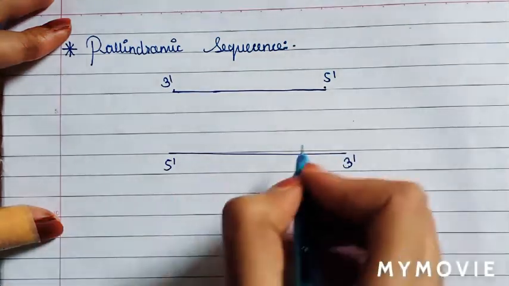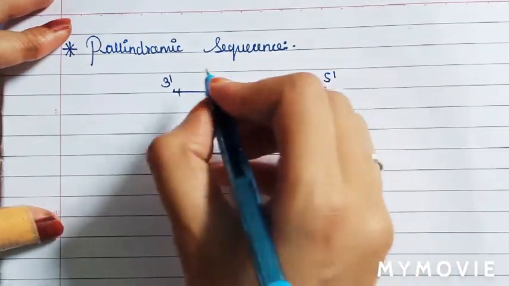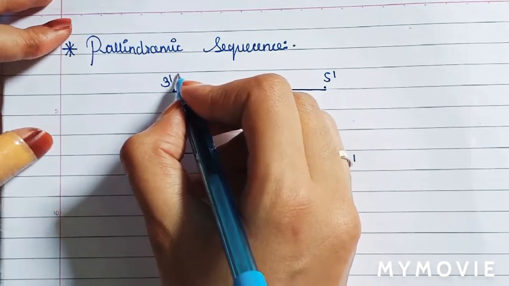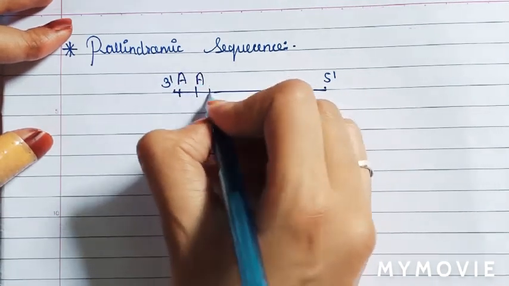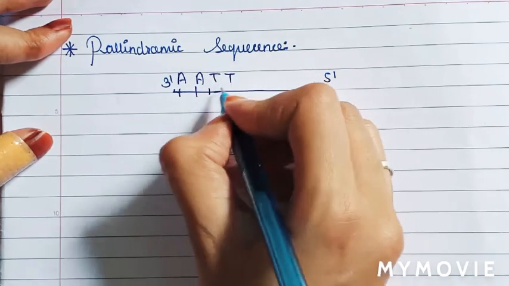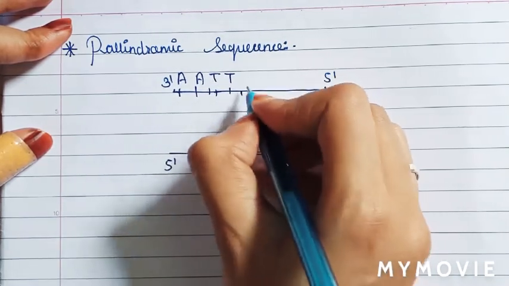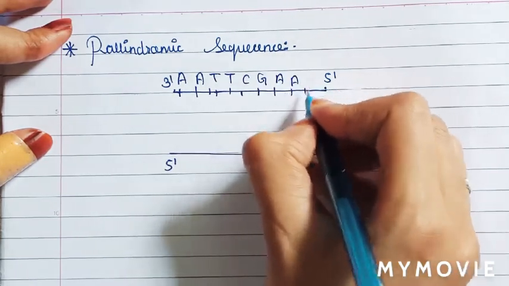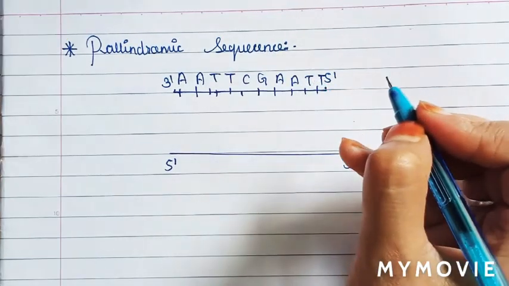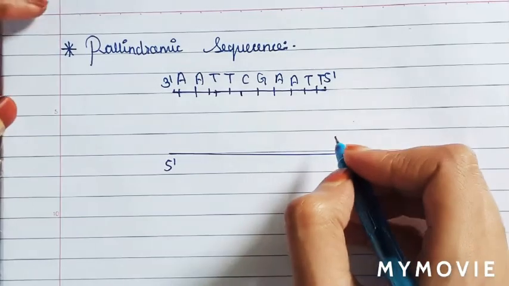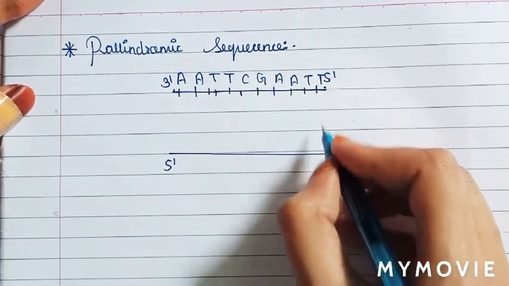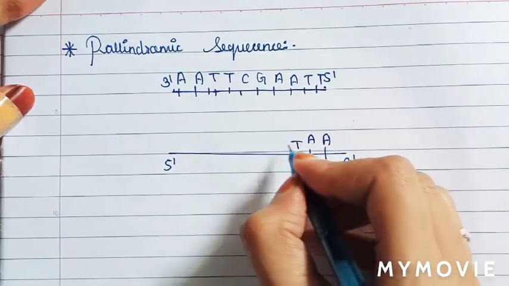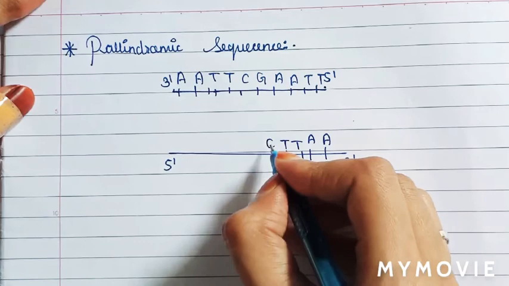Now here we will write some nitrogenous bases such as A, T, C, G, A, T. And we know that in DNA, thymine pairs with adenine, adenine with thymine, guanine with cytosine.